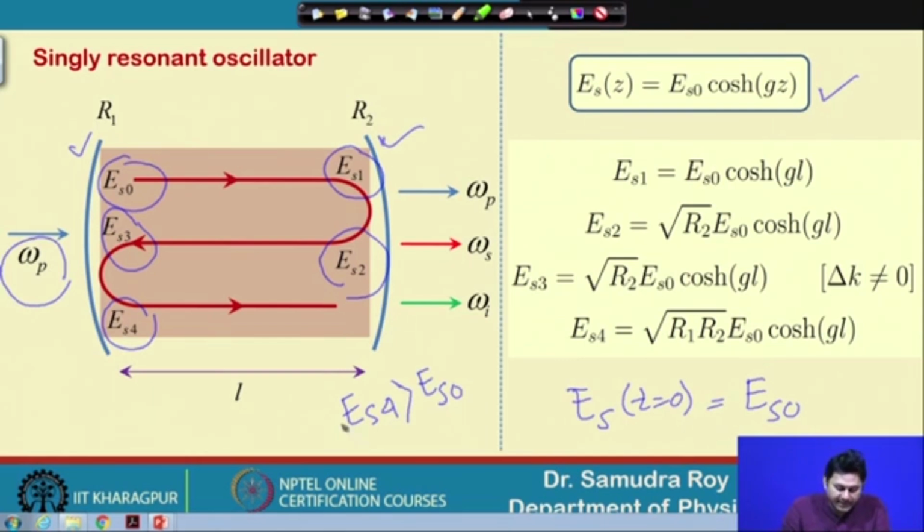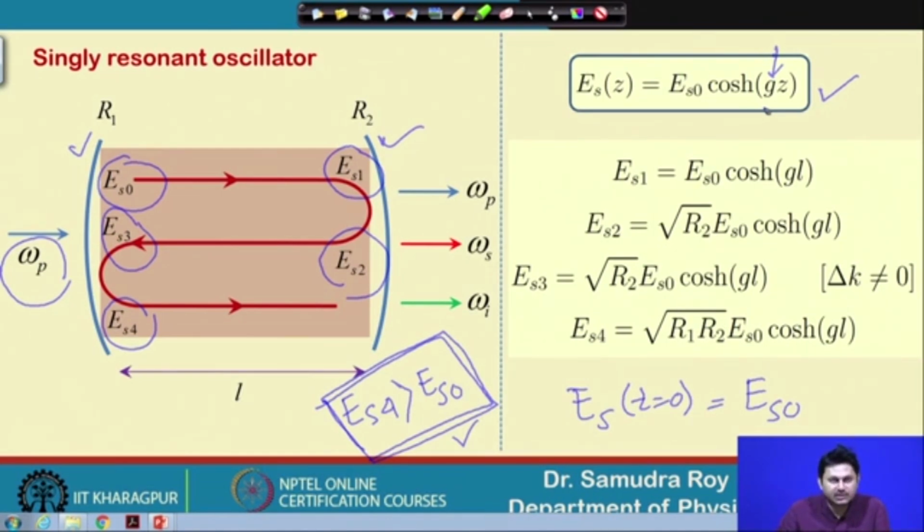So our aim is to find out, if I consider this as my goal, what should be the value of the threshold pump to get this. Because when the field evolves, we know the g term is sitting here, and inside g the information of the pump is embedded. So whatever condition we have, we can write in terms of g, and then we can find out what our threshold condition is. That is the aim.